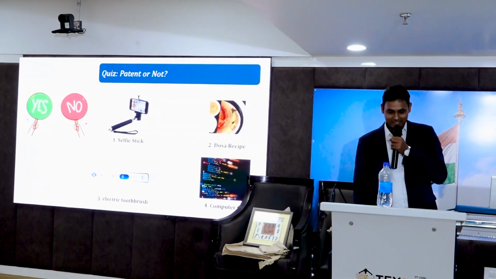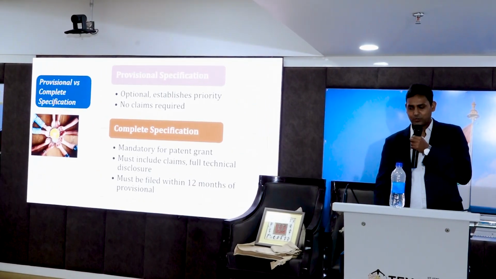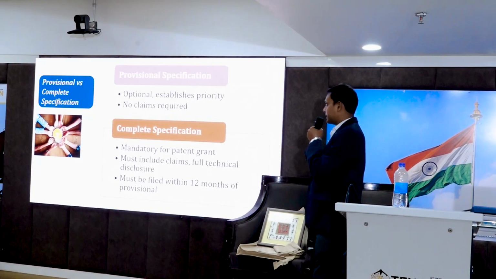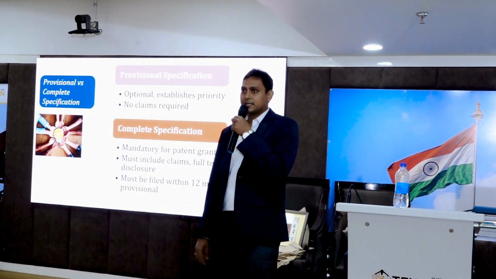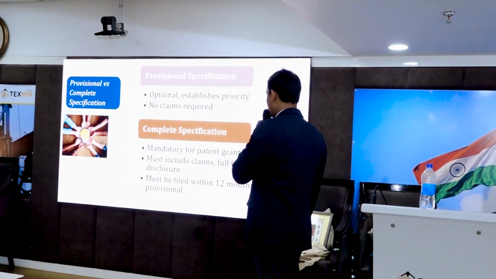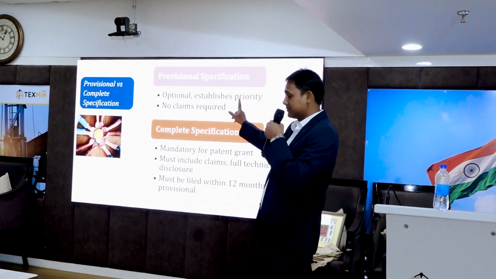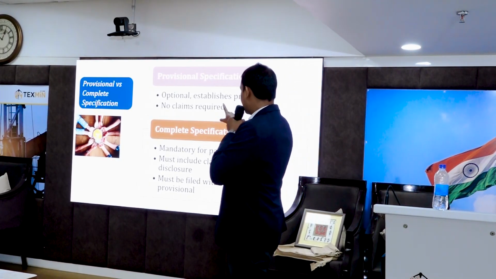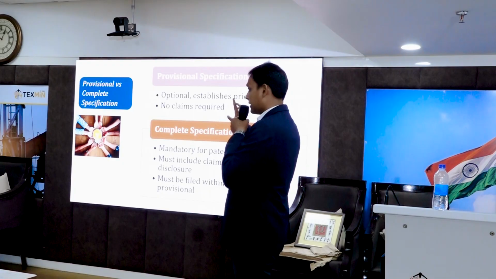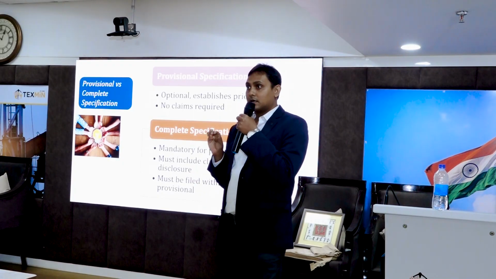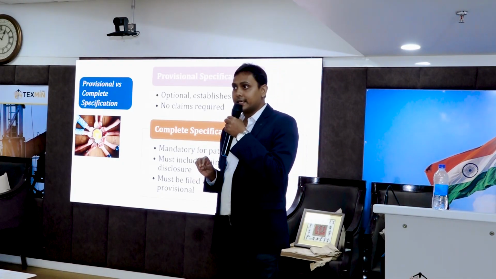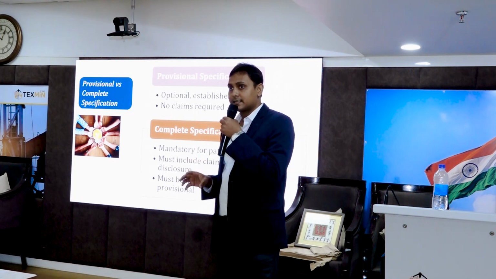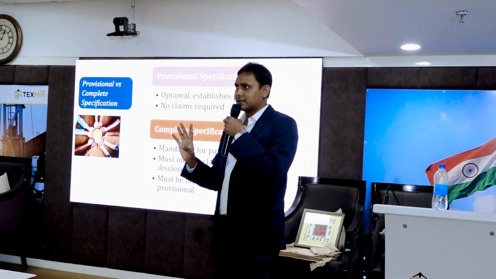Okay, so moving to the next slide. I think we have already discussed this one, right? What is the provisional specification? See another thing. See the first line it is written. It is optional. Okay, so that means if you have implemented your invention and you are at the final stage, go and file the complete specification.